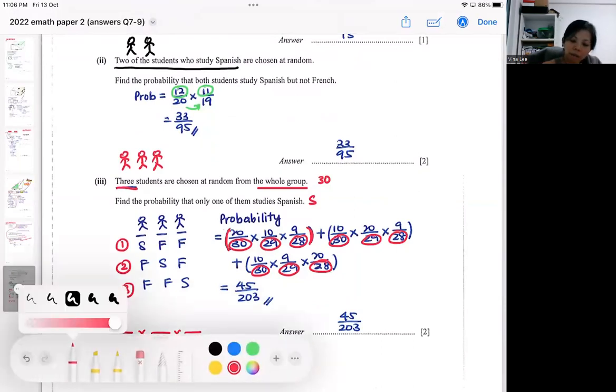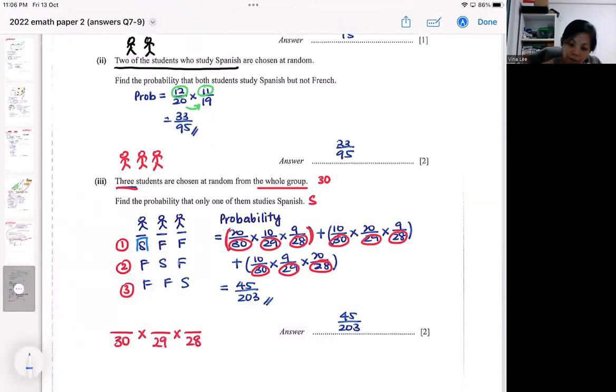Then you think about how many Spanish guys there are. There are 20. And how many non-Spanish guys? I start with 10, and then because I already took 1 non-Spanish out, the next one will be 9.